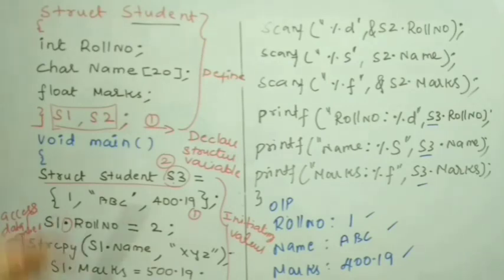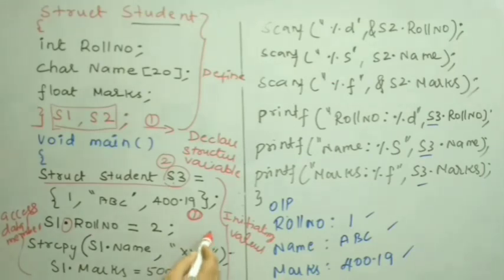While initializing, the values are enclosed within curly braces, since the structure variable is assigned a set of values. If I assign values during the definition of the structure variable, the values will be assigned during compile time. That is the first way of initializing a structure variable.